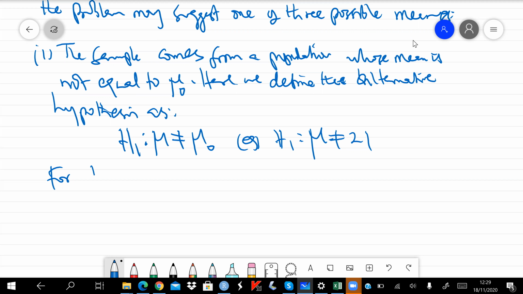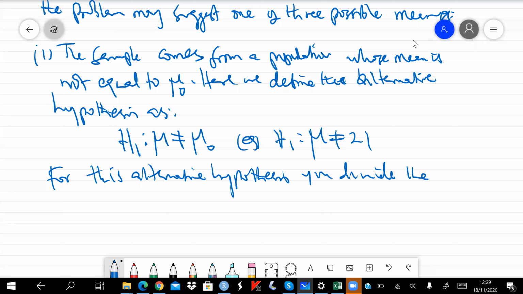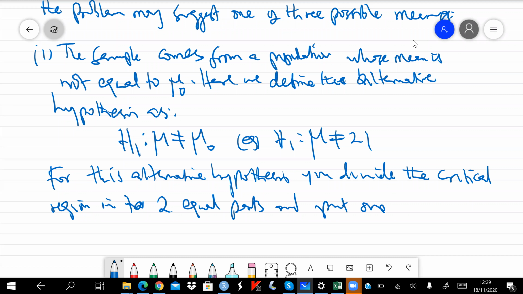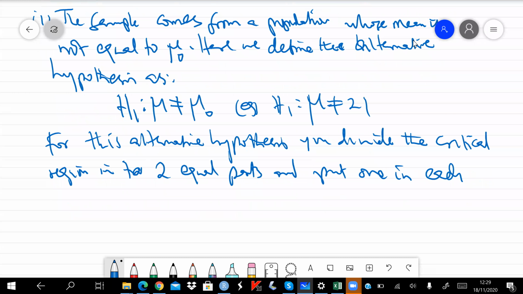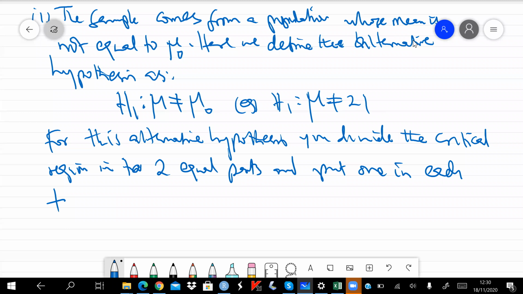Then you continue by saying that for this alternative hypothesis, you divide the critical region into two equal parts, and put one in each tail of the distribution, as shown below.